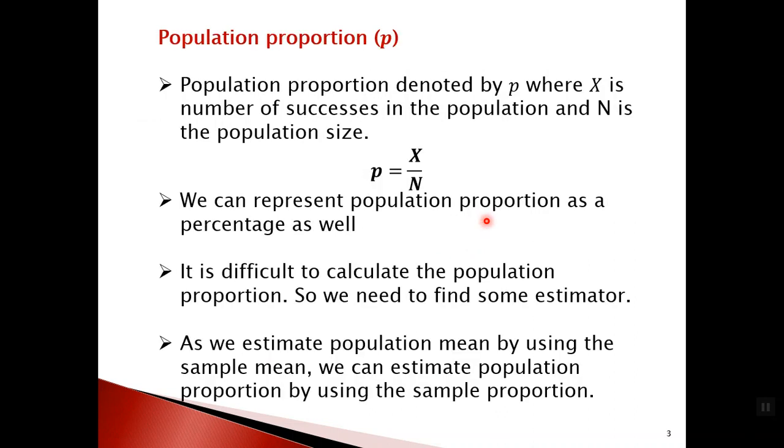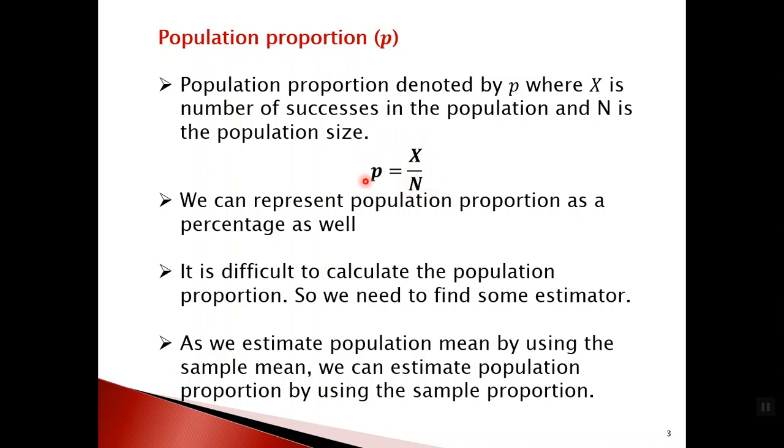Population proportion we denote by simple p. This population proportion we define as the number of successes divided by the population size.